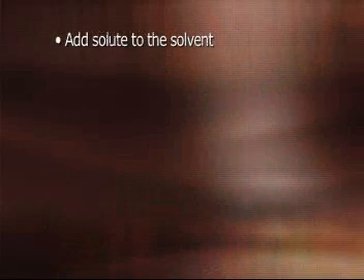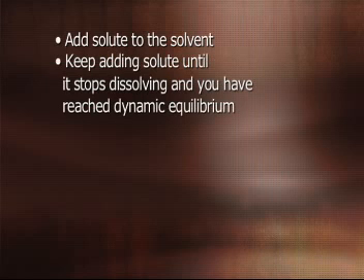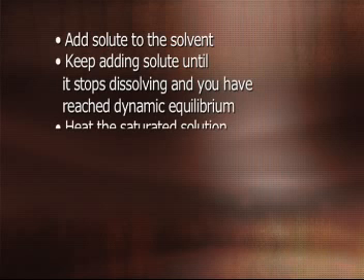Hello again, students. Let us go through the steps to attain a crystallized, supersaturated solution. First, an amount of solute is added to a solvent. More solute would be added and dissolved in the solvent until the solution moved from being unsaturated to saturated.